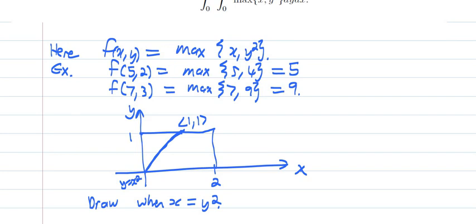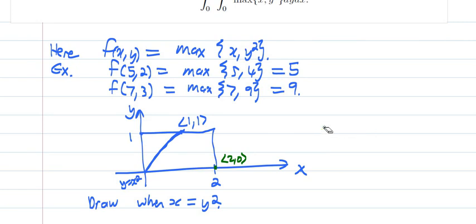Now, if you take a point over here, for example the point 2, 0, you can see that the x value is 2, but the y value is 0 squared, which is 0. Let me repeat what I was saying.